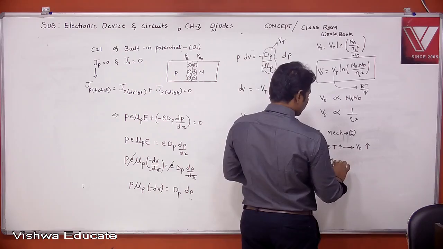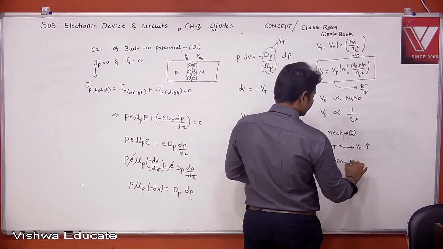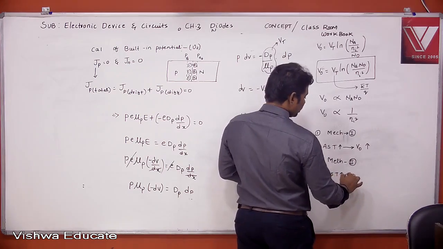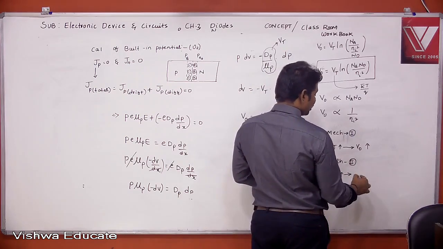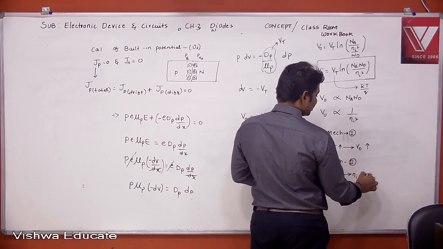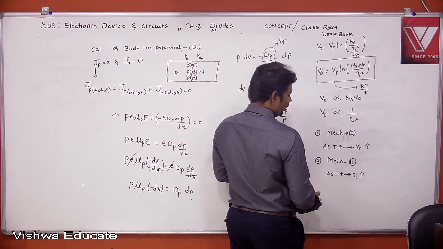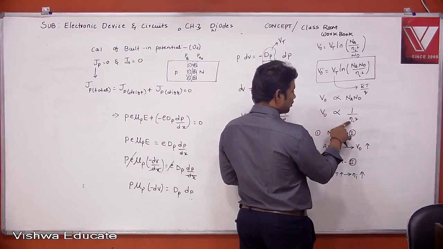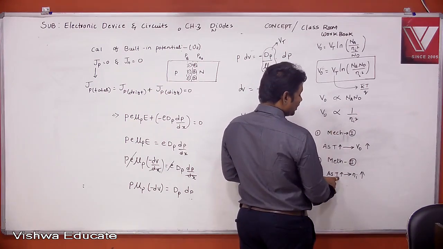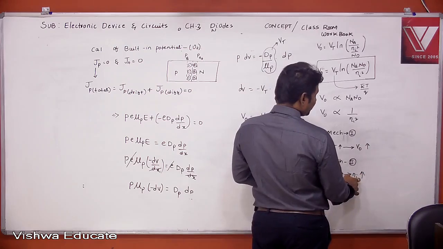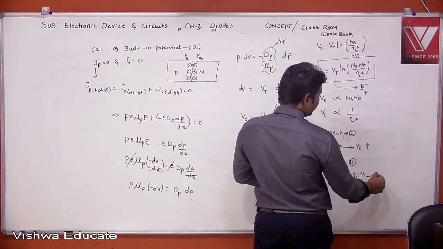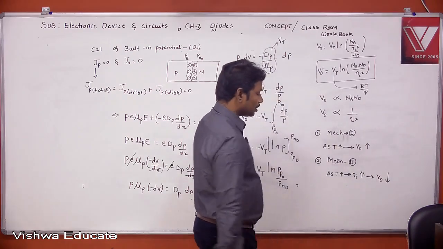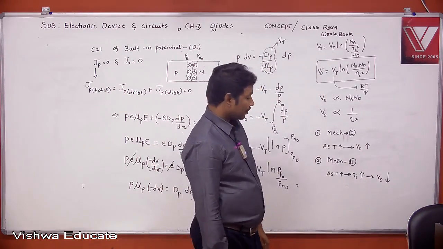Mechanism 2: as temperature is increased, what happens in a semiconductor device? Intrinsic concentration is increased. Just now I told you the built-in potential also depends on intrinsic concentration, right? If intrinsic concentration increases, the built-in potential decreases, right?